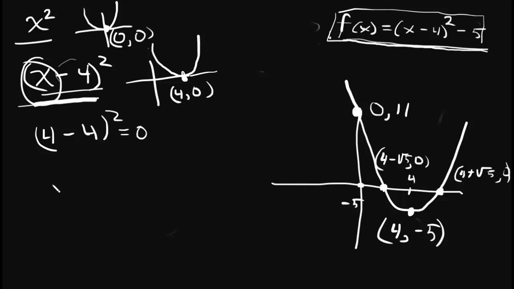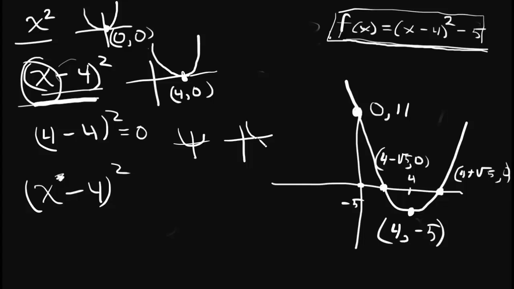Now, if we take our basic graph, we took an x squared, which would have looked like this. We then subtracted 4 from it, which moved its touchdown point over a little bit. Now we're going to subtract a 5 from it.